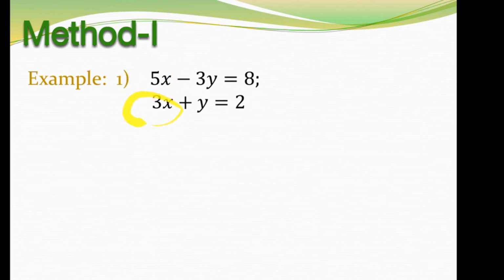Now we have to convert these equations in such a way that the coefficient of x in equation 1 and in equation 2 become similar. How to do that, we see here.